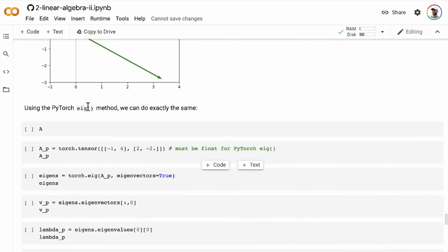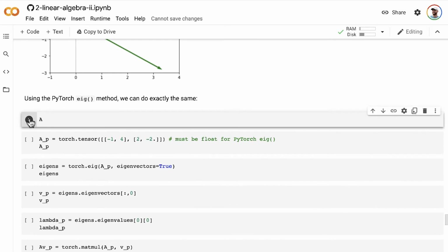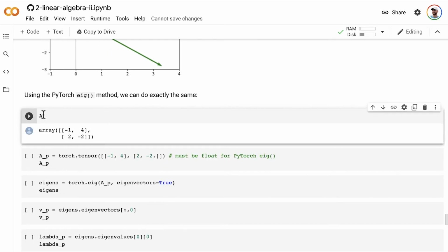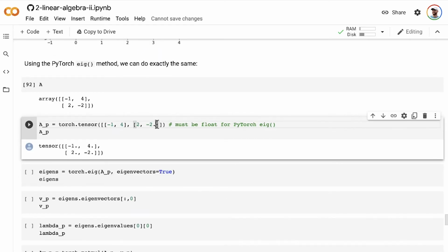Using the PyTorch Eig method, we can do exactly the same as we just did above in NumPy. So here is our NumPy matrix tensor, and we can create the same matrix tensor as a PyTorch tensor. Note that just as with many of the PyTorch functions that we saw in the first subject of this Machine Learning Foundation series, our Intro to Linear Algebra subject, this Eig method requires that all of the tensors that are passed into it are float typed.